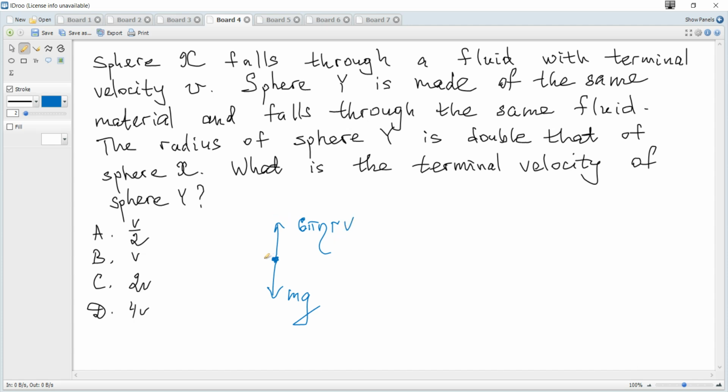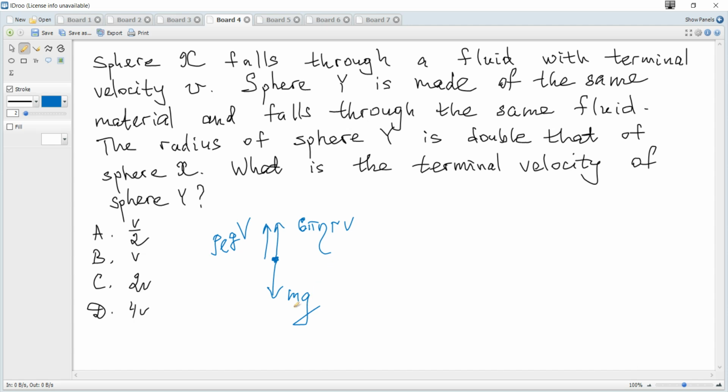the sphere. And there is also the buoyancy force, which is always upwards, and it is equal to the weight of the displaced liquid, and it's rho of liquid multiplied by g and multiplied by the volume of the sphere.